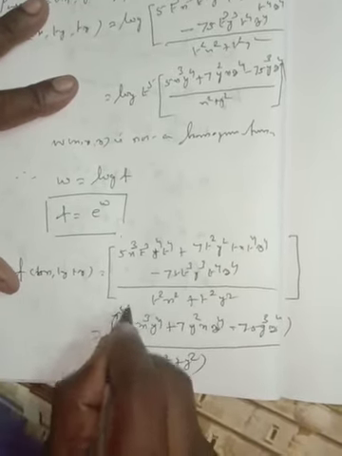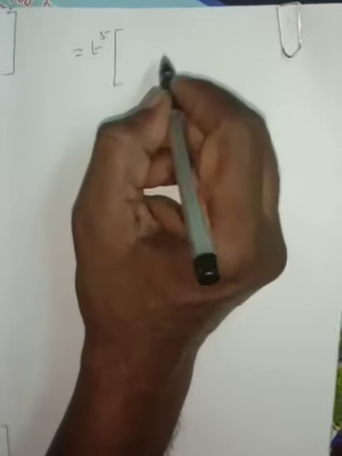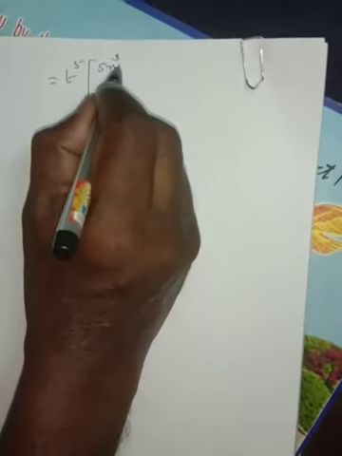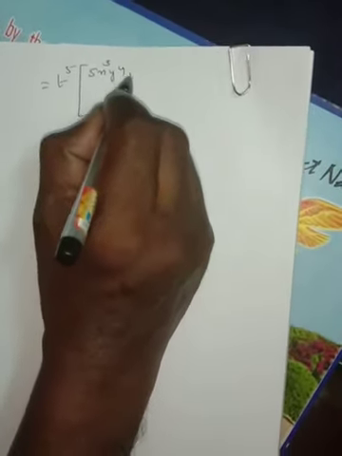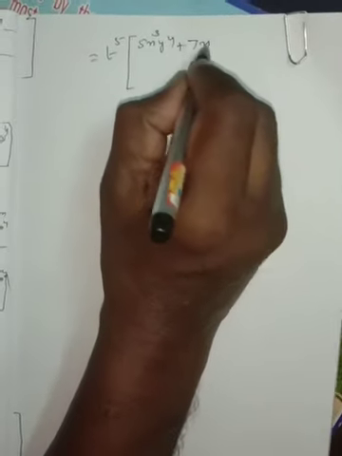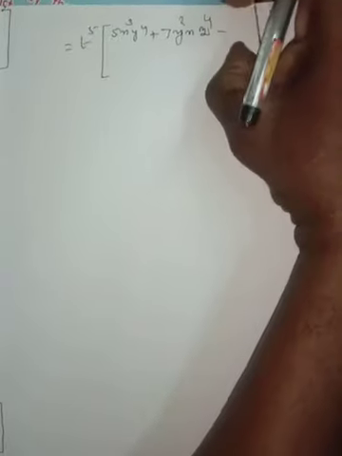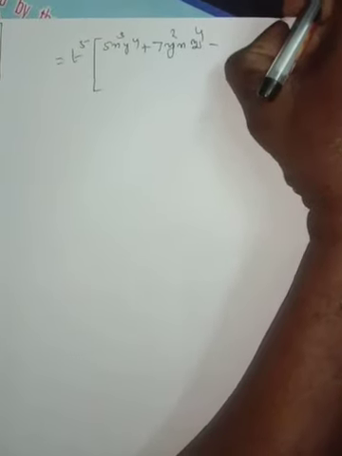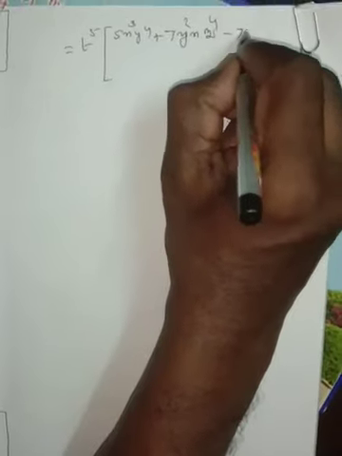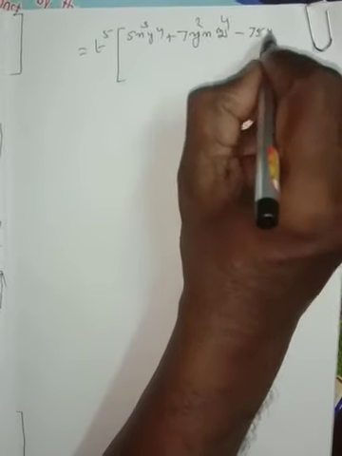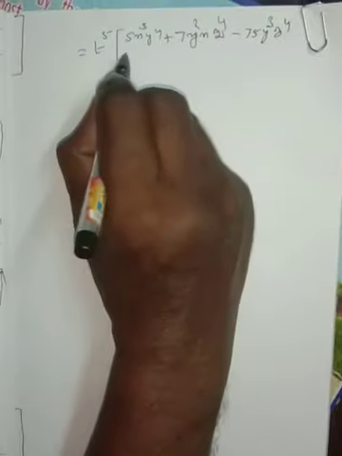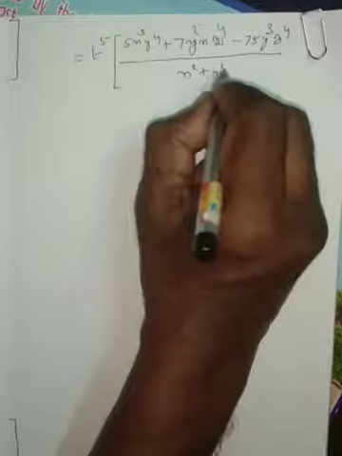Now cancelling these two, we get t to the power of 5 into (5x³y⁴ + 7y²xz⁴ − 75y³z⁴ divided by x² + y²).